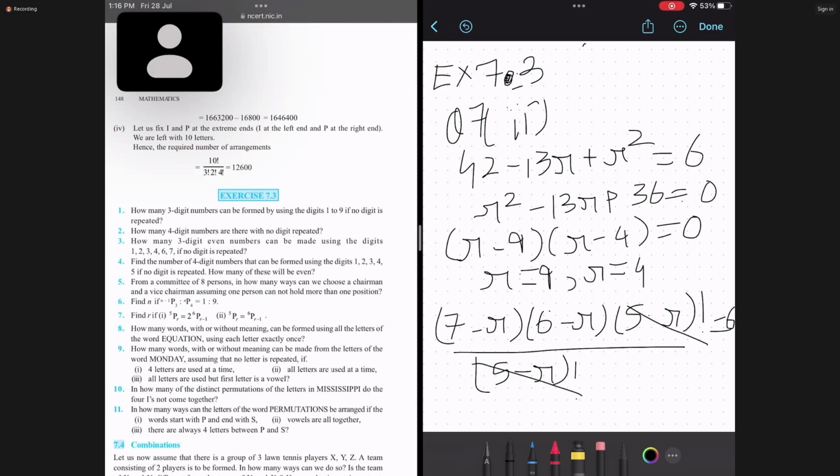Similarly, as we did in the first part, we will reject r equals 9, because in 5pr, r cannot be greater than 5. This cannot happen. So 9 is rejected. r equal to 4 is selected, and that is our final answer.